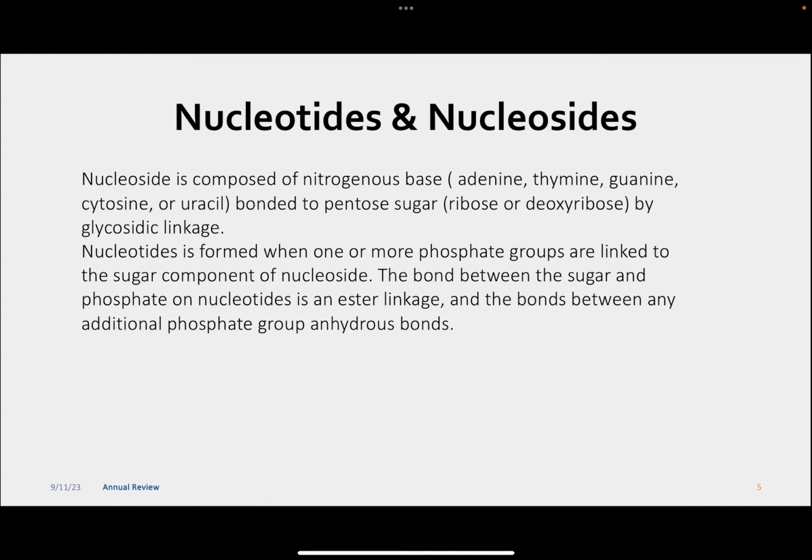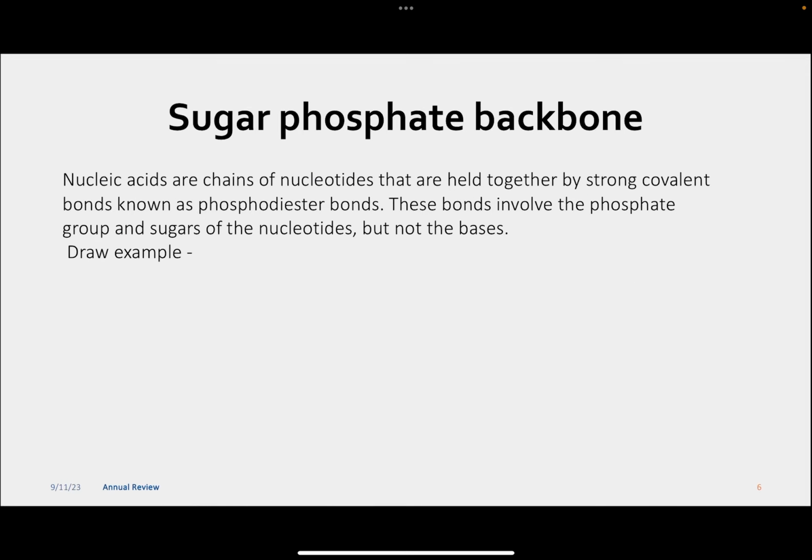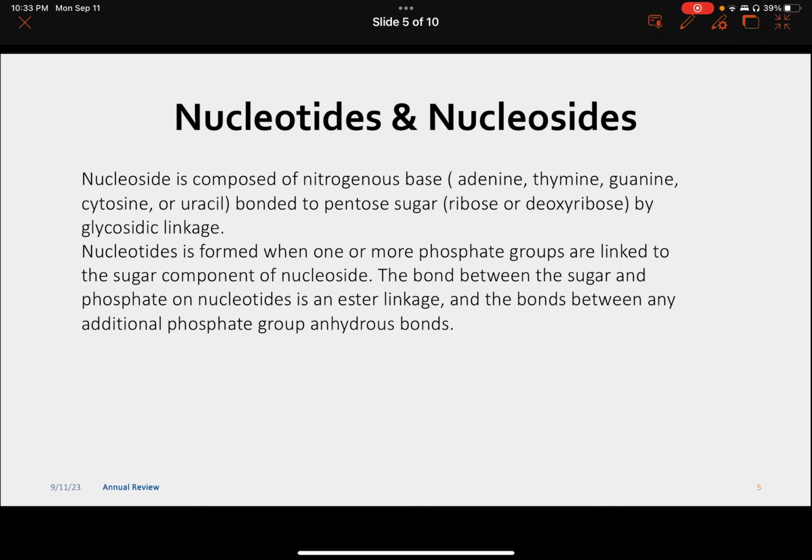So for the differences between each, I want everyone to note this: nucleotides are formed with one or more phosphate groups linked to a sugar component of nucleosides, bonded between the sugar and phosphate on the nucleotide, which is an ester linkage.